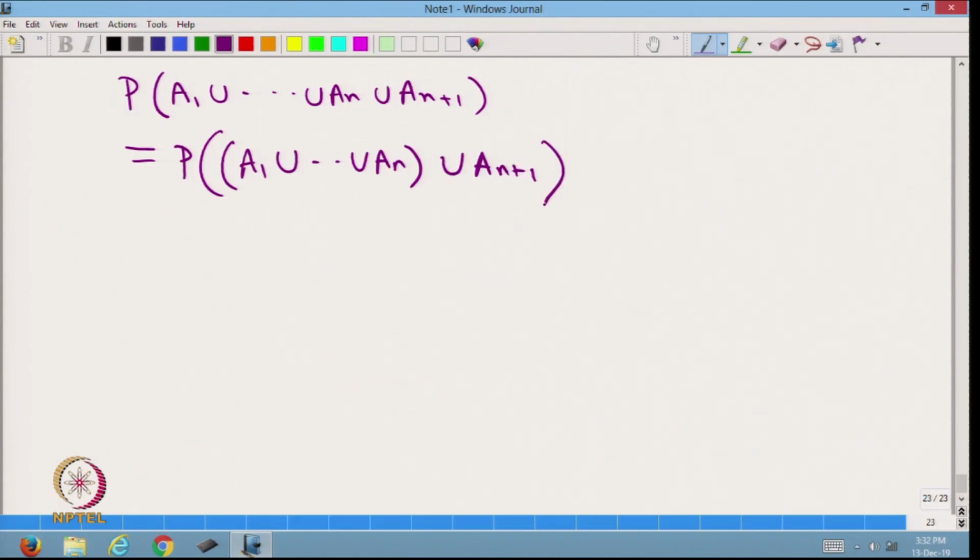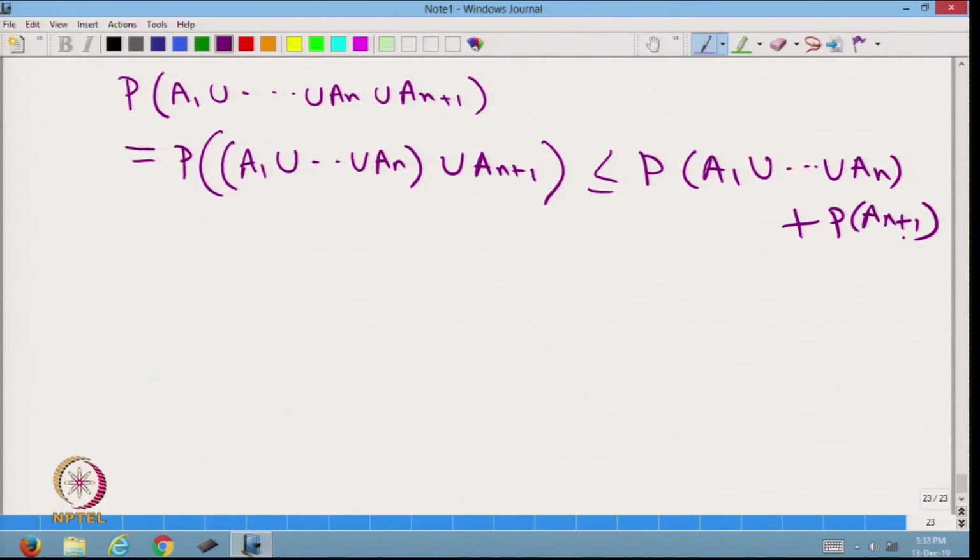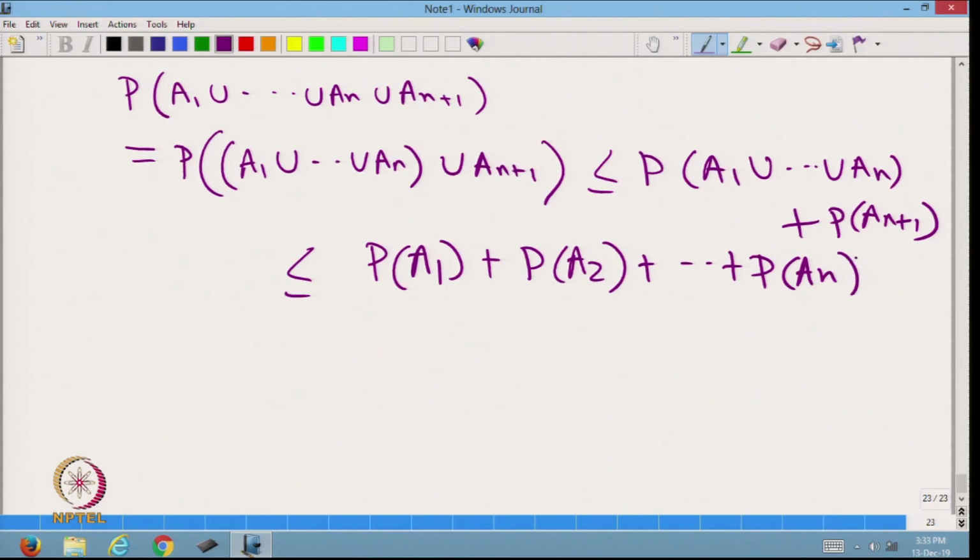Thus, we have divided it into union of two events. Therefore, this is less than or equal to probability of A1 union ... union An plus probability of An plus 1, and by induction hypothesis this is less than or equal to P(A1) plus P(A2) plus ... plus P(An). Therefore, the whole thing is less than or equal to probability of A1 plus probability of A2 plus ... plus probability of An plus probability of An plus 1. So, this is pretty straightforward.